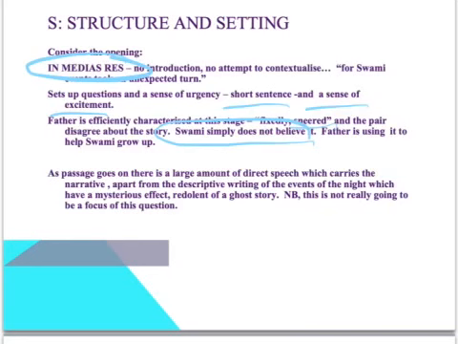We see the difference in attitude between them. Father, looking at his son, wanting to see his son begin to grow up, and as we will see, prove his bravery. Swami, still a child, simplistic, doesn't believe it, and actually ends up trying to take the conversation somewhere else in a discussion about cricket.